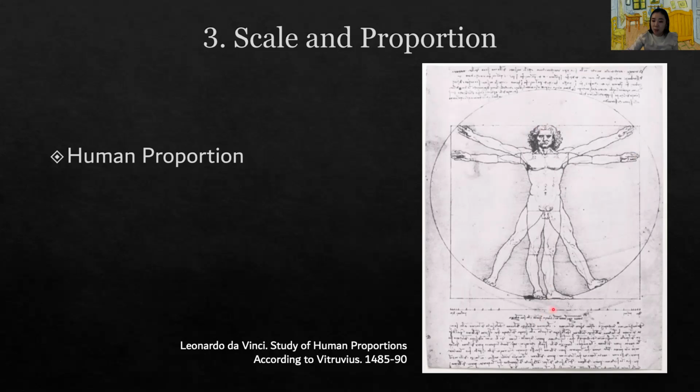So we can make a perfect square. And when we open our legs and arms at a certain angle like this, then we can make a perfect circle. So this is called human proportion.